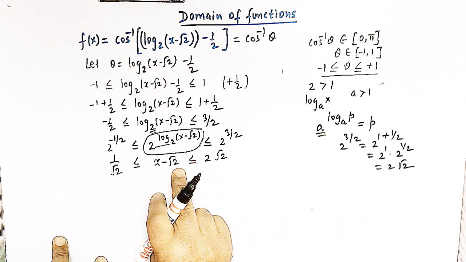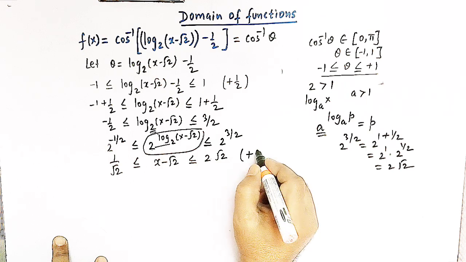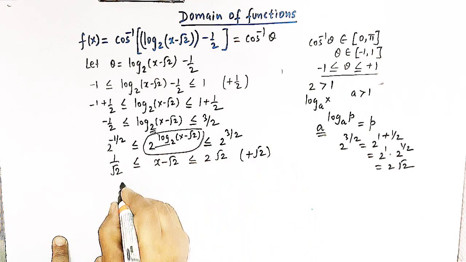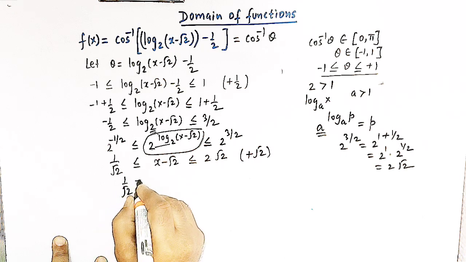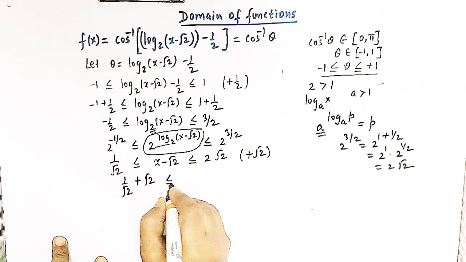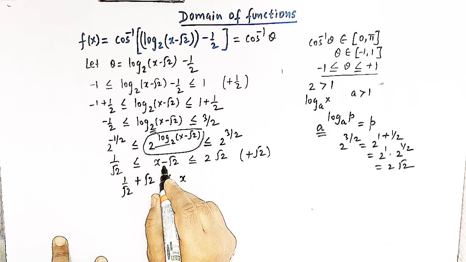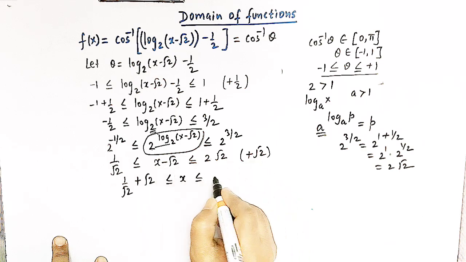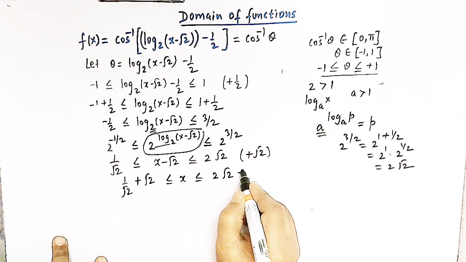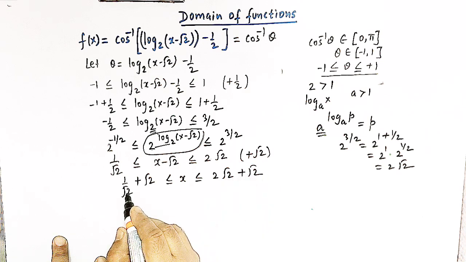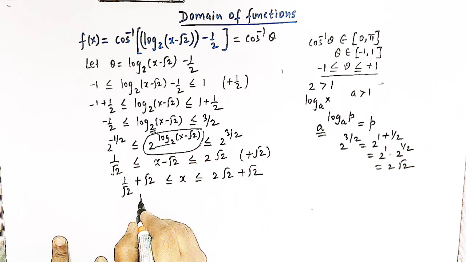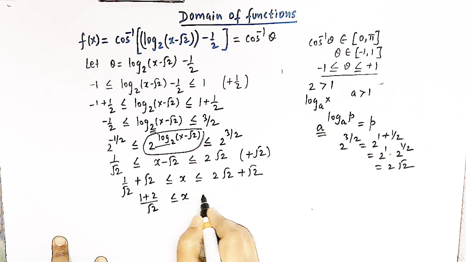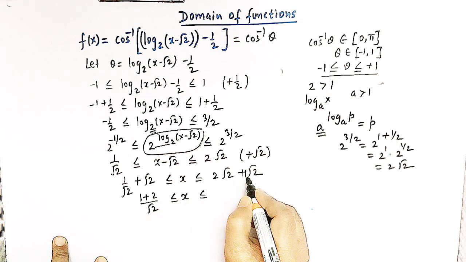So let us add plus square root of 2. So adding root 2 throughout we have 1 over root 2 plus root 2, and here we have simply x, because root 2 and minus root 2 get cancelled, and here we have 2 root 2 plus root 2. So now simplifying this, we have 1 plus 2 over root 2, here we have x, and here we have 3 root 2.